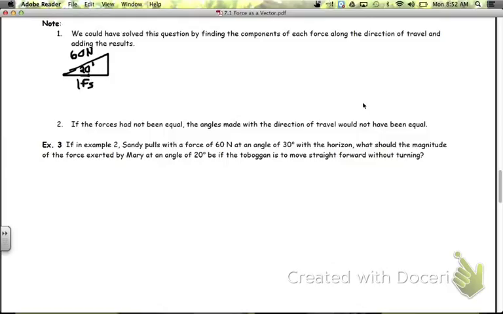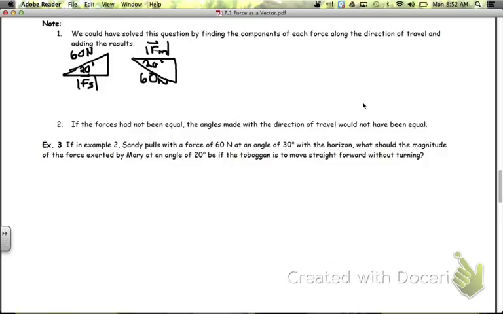And similarly, you have the force of Mary, this is your 20 degrees, and this is your 60 newtons.